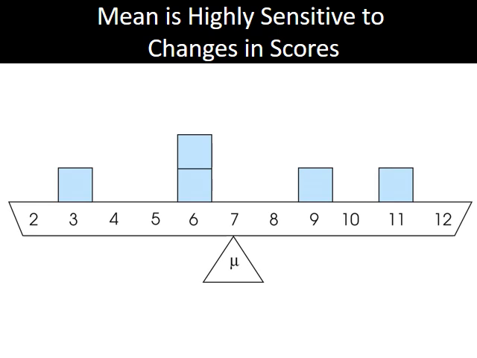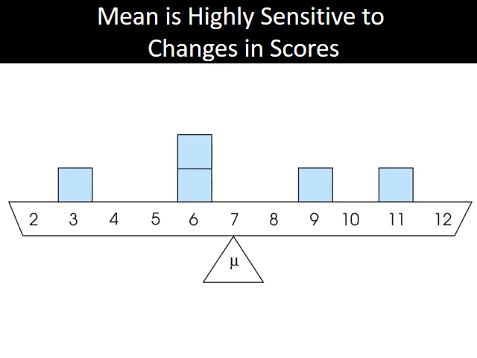You can imagine where you'd have to pivot the mean, the supporting triangle below the structure, in order to rebalance it. Right? And the farther away from the mean that new score is, the farther the mean is going to change, or the larger the impact on the mean is going to be.